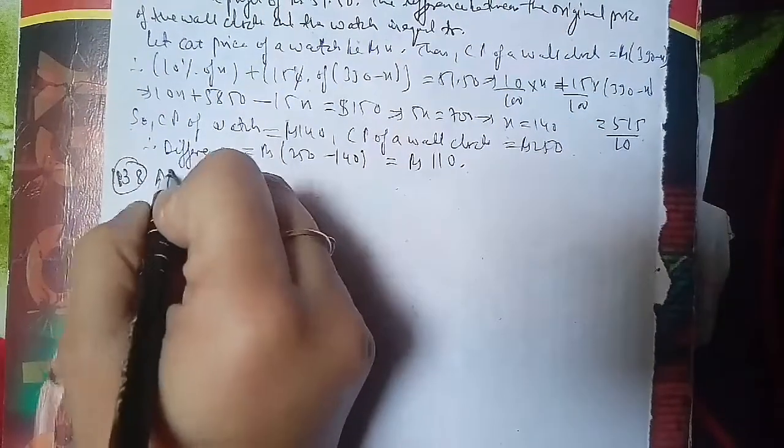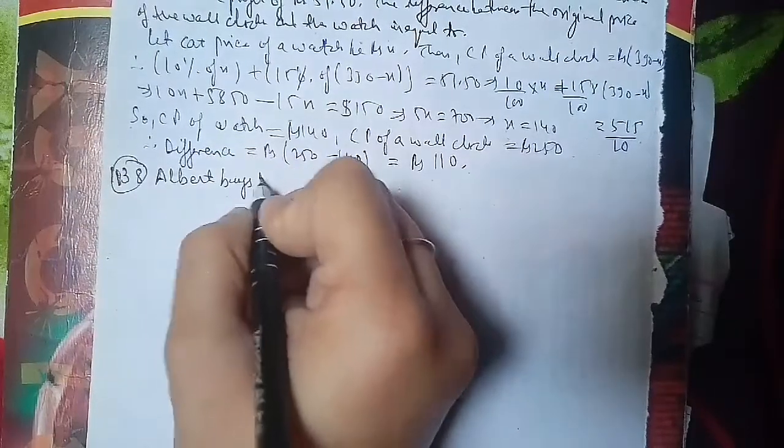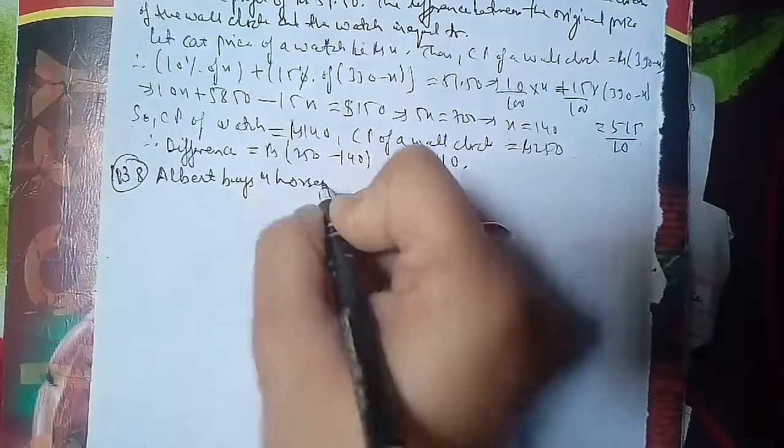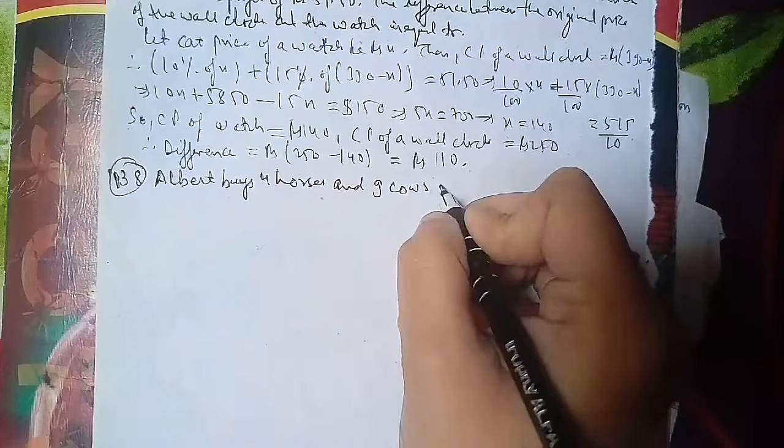Albert buys 4 horses and 9 cows for rupees 13,400.